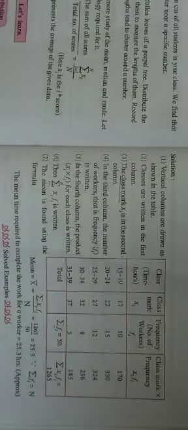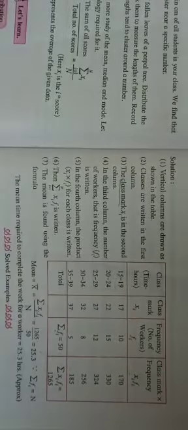Now see here, class mark we have to find for each class. For 15 to 19, it is the average of this particular class, so 15 plus 19 divided by 2, lower class limit plus upper class limit divided by 2. 34 upon 2 is 17. For the next, 20 to 24, it is 22. Next is 25 to 29, 30 to 34, 35 to 39.